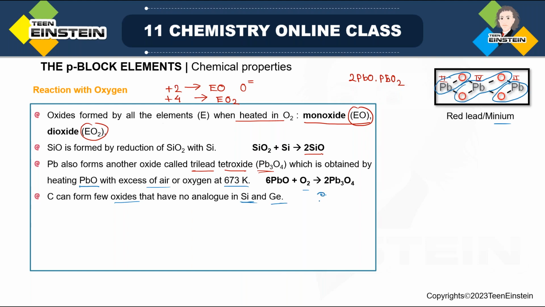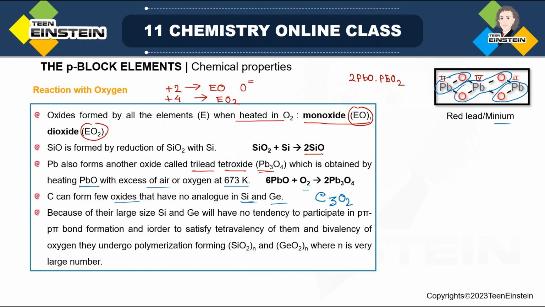One example is C3O2. So this is unusual. You will not see it in germanium or silicon.